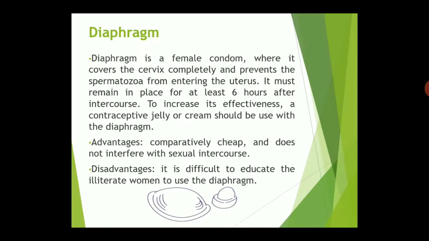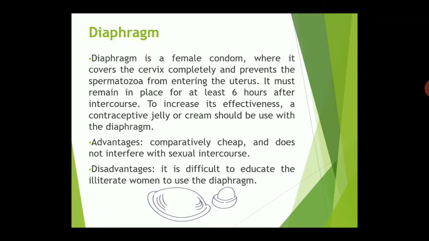Diaphragm. It is a female barrier method that covers the cervix completely and prevents the sperm from entering the uterus. It must remain in place for at least 6 hours after intercourse. To increase its effectiveness, a contraceptive jelly or cream should be used with the diaphragm. Advantages: it is cheap and does not interfere with sexual intercourse.